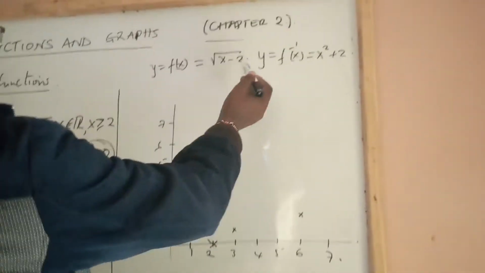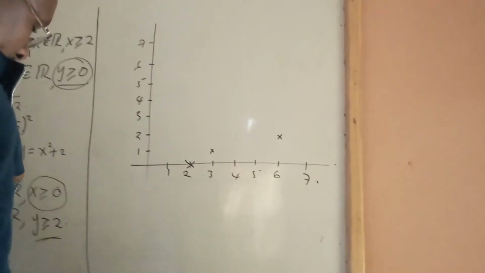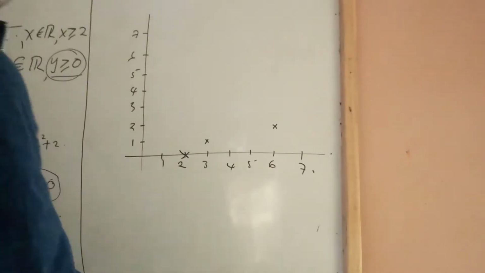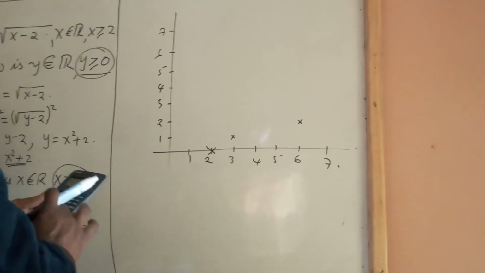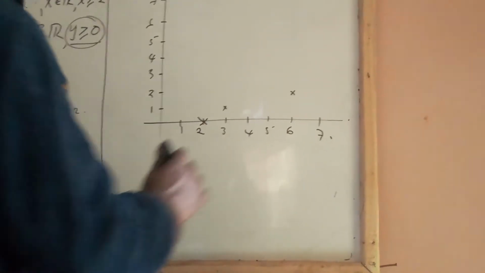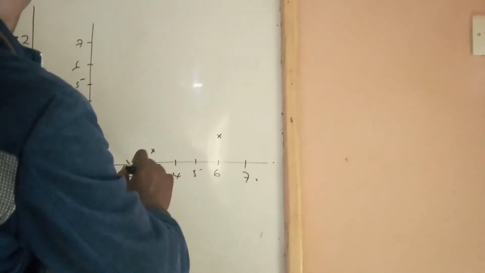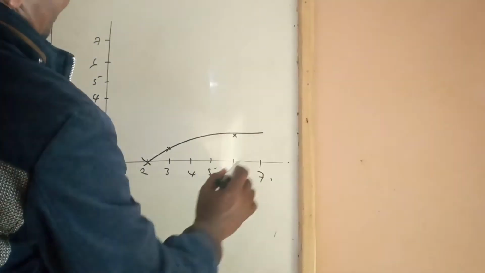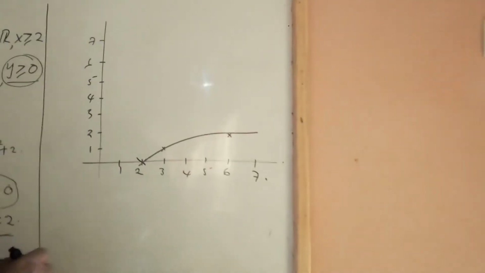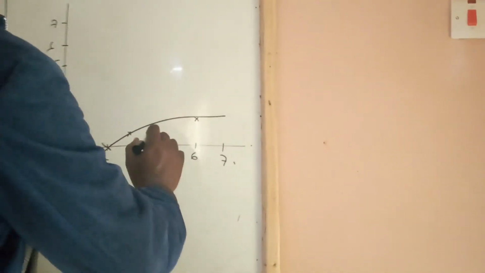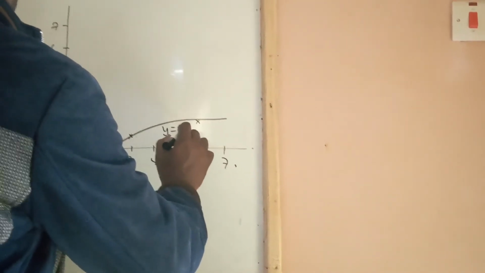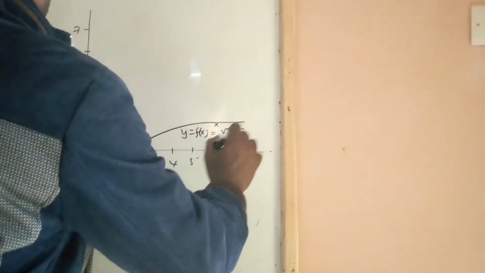If you consider when x is 4, 4 minus 2 is 2, and the square root of 2 is 1.414. So they are all along this particular line. So this one now happens to be y equals f(x), which is also equal to the root of x minus 2.